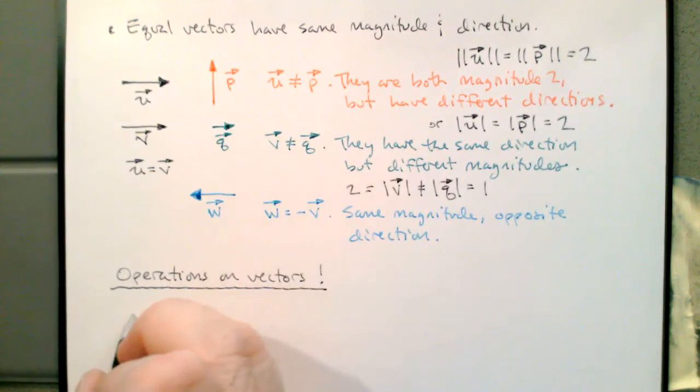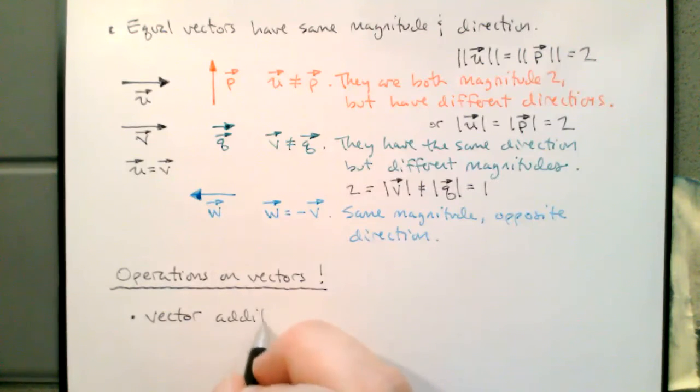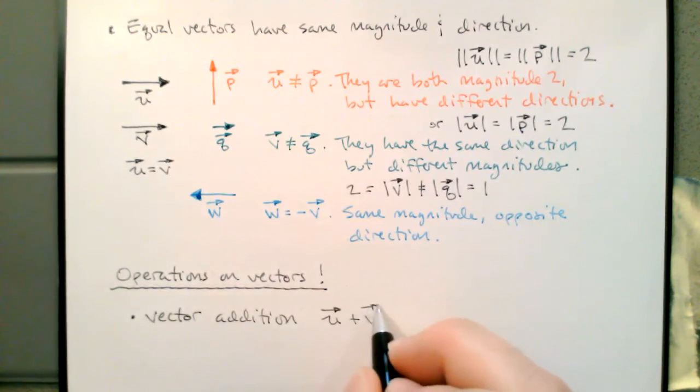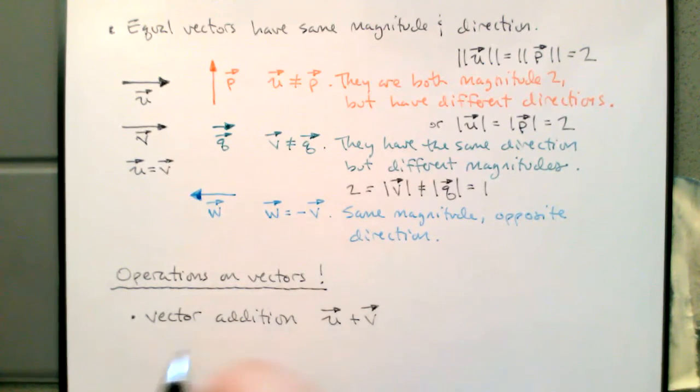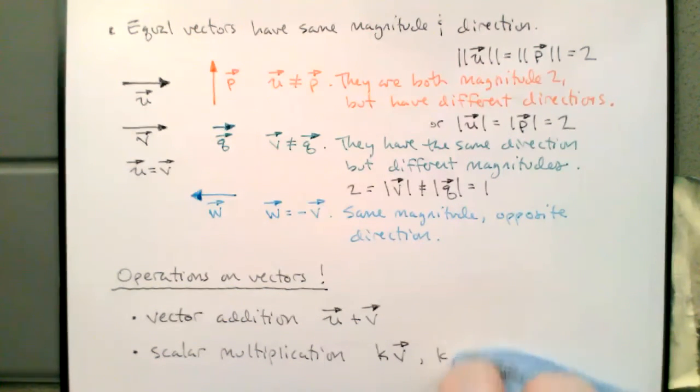There's vector addition, u plus v. There's scalar multiplication, k times v. k is a constant. Let's say k is a scalar. Let's say that k is, let's just be honest about where we're getting our scalars.